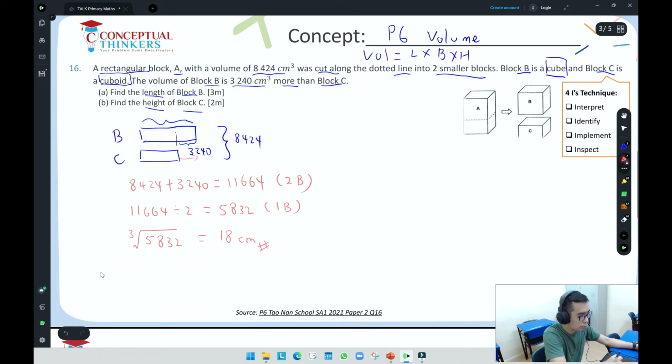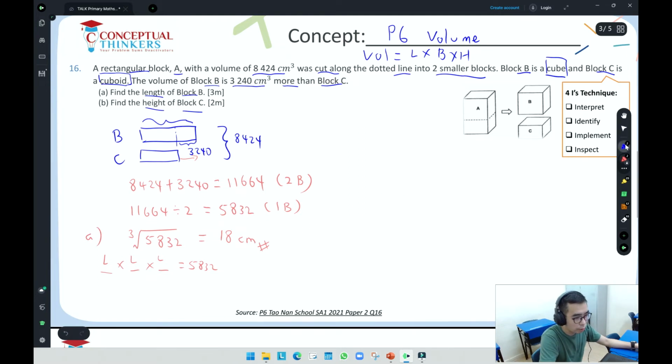This function is basically something times something times something that will give me 5,832. It will be the same number, like length times length times length. So when you press your calculator, it will give you the answer for the individual lengths. This will be the answer for part A.